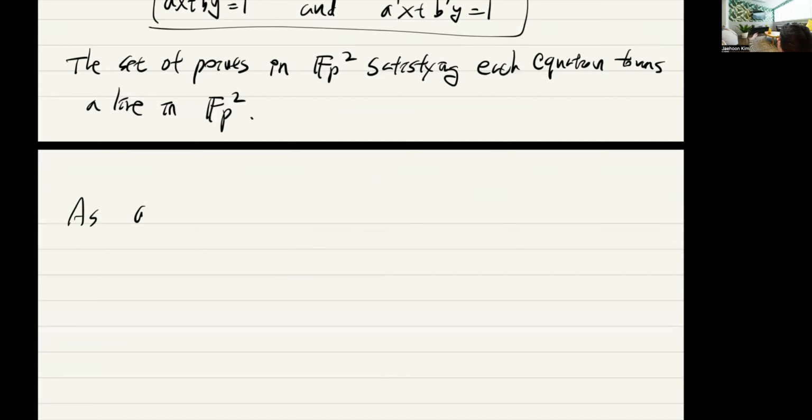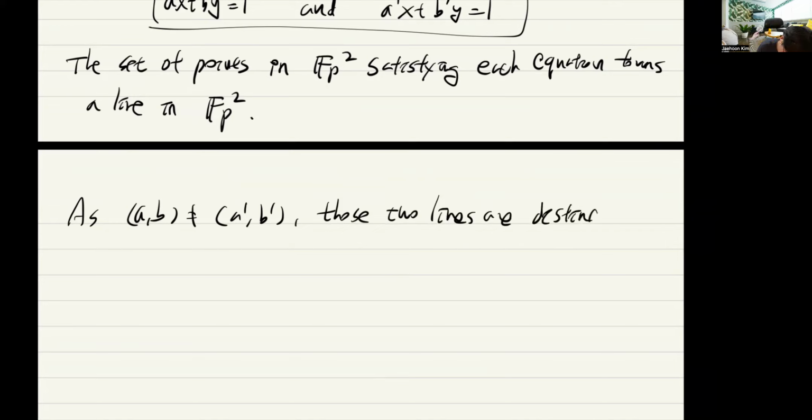And as (a, b) and (a', b') are different, those two lines are also distinct.